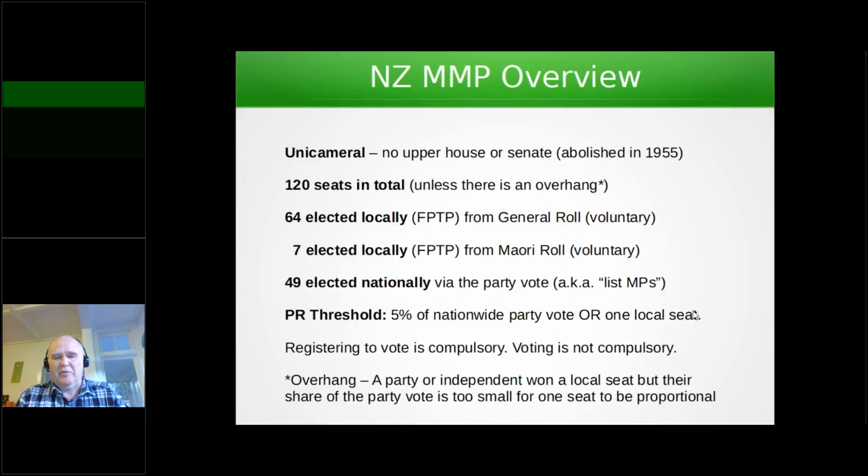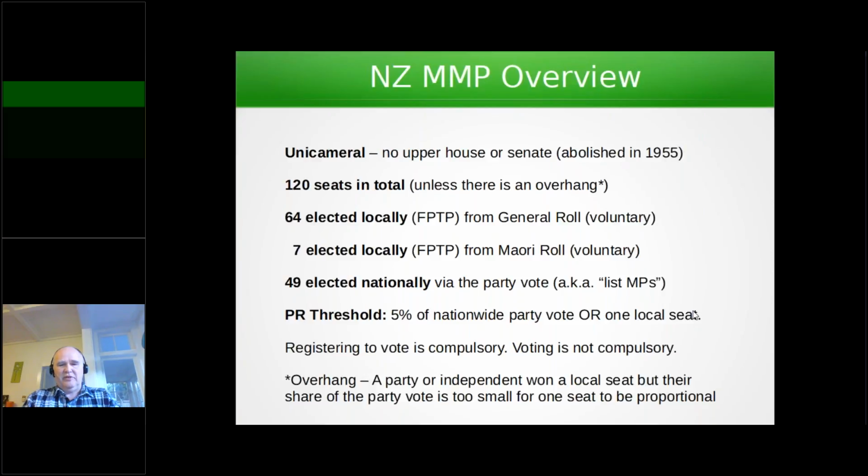The ACT Party has had enough to win 2 seats, with 1 proportional. A couple of other parties might have had 1 or 2 extra seats based on the share of the vote, but usually it ends up being just the 1 local seat. But those are the 2 thresholds.